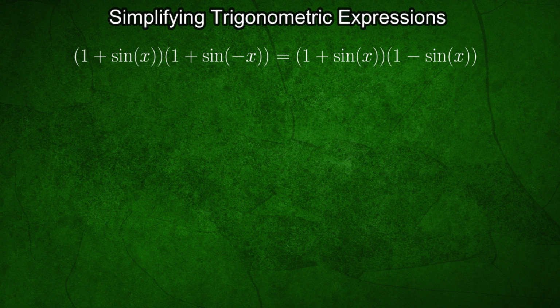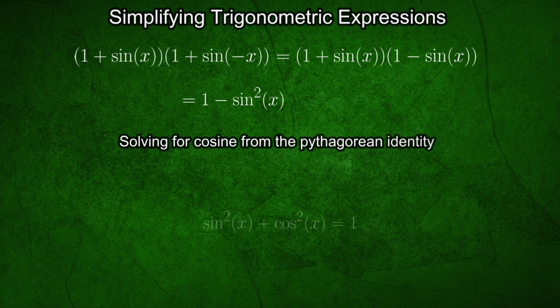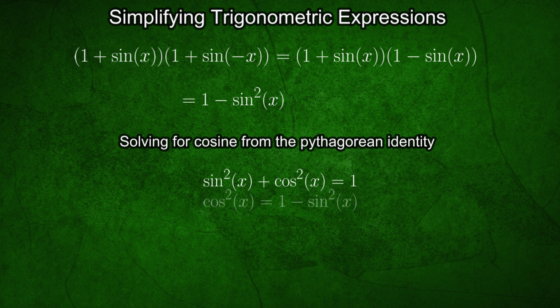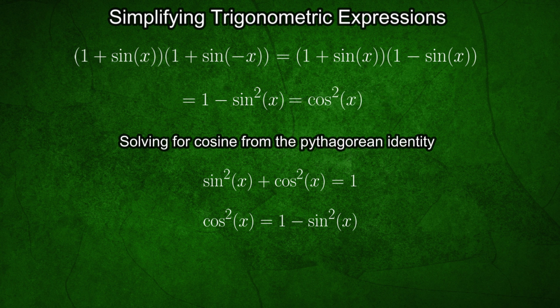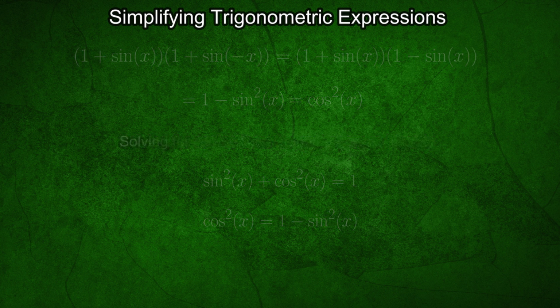So this can be written as 1 minus sine squared of x. But remember that sine squared of x plus cosine squared of x is equal to 1. So if we solve for cosine squared of x, we get that cosine squared of x is equal to 1 minus sine squared of x. Thus, the original expression can be written as cosine squared of x.